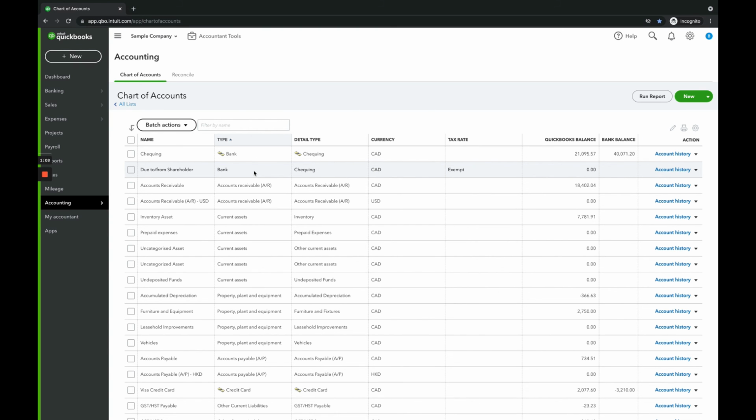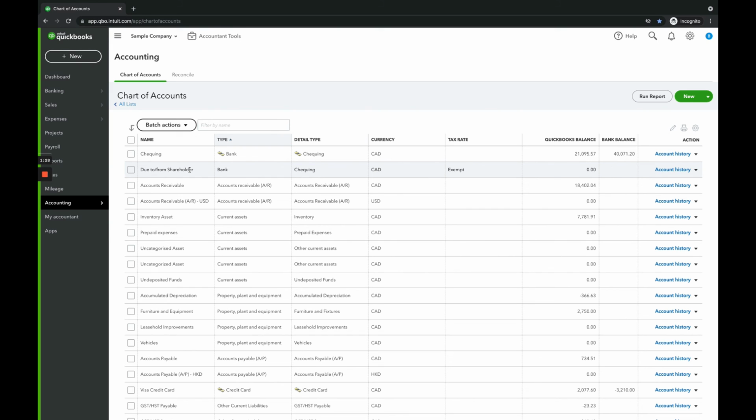So, for example, a business owner buys something for the business and forgot the business credit card at home. So they use their own personal credit card to pay for the business expense. That is one instance where you will add that expense into QuickBooks using this account.